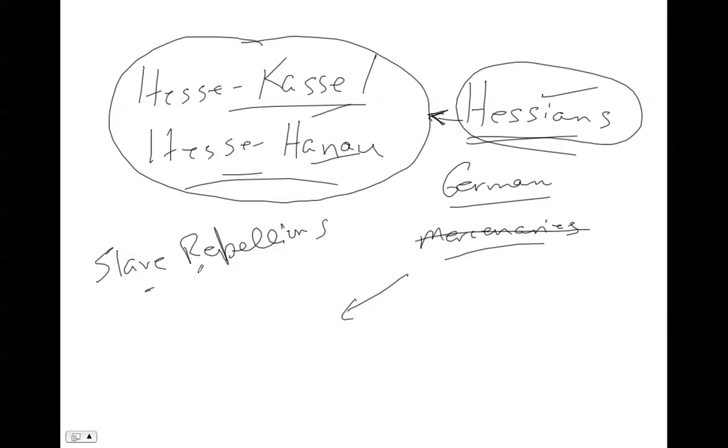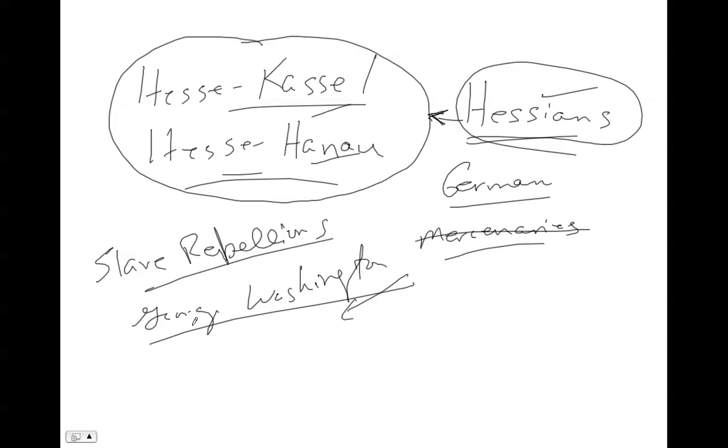And this upset people, like George Washington, who was a slave owner. George Washington even wrote to his overseer during the war and told him to make sure all the slaves are working, even the ones that were pretending to be ill and that kind of thing.